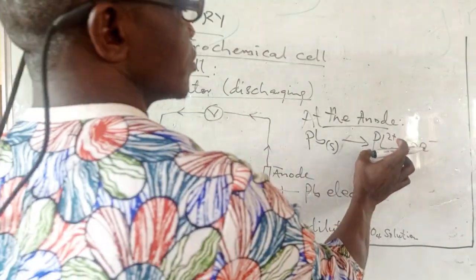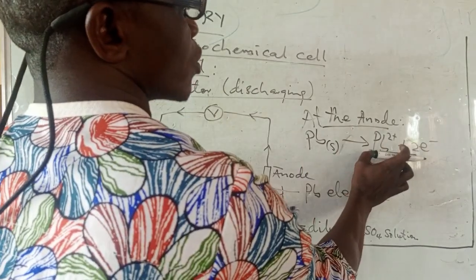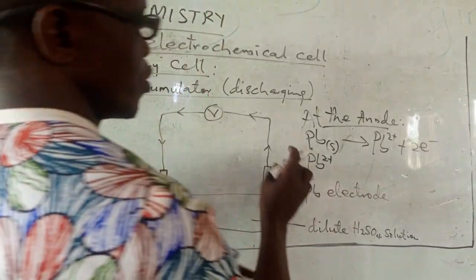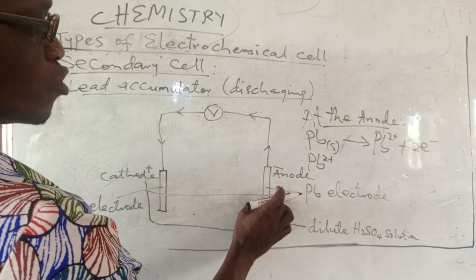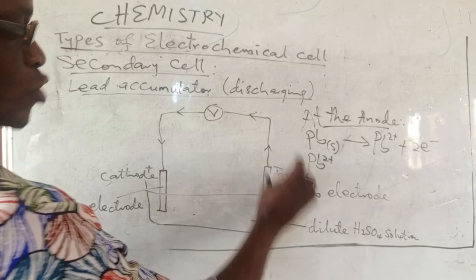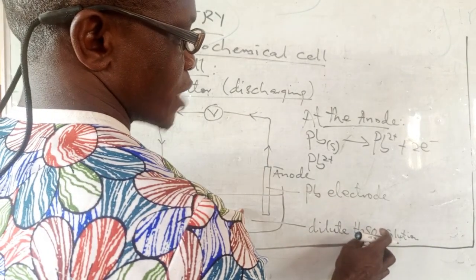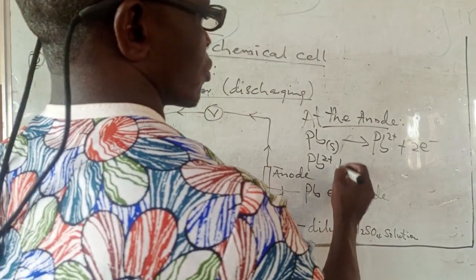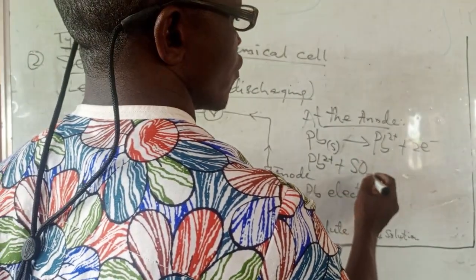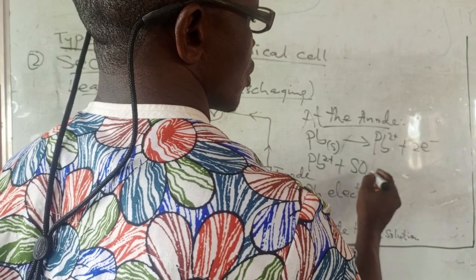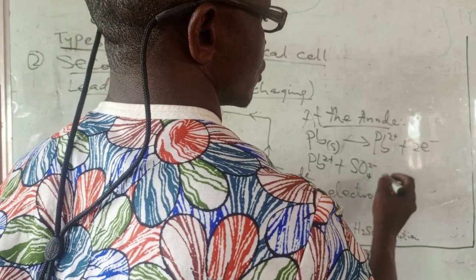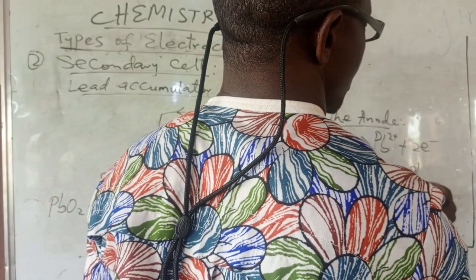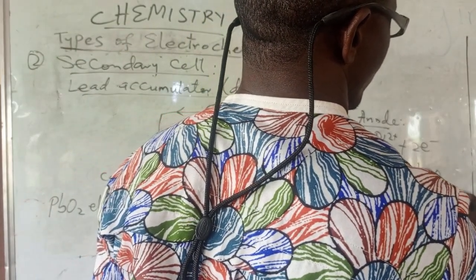And the remaining lead ion, Pb2+, that donated the 2 electrons will go down into the electrolyte and take SO4 2-, to become PbSO4.